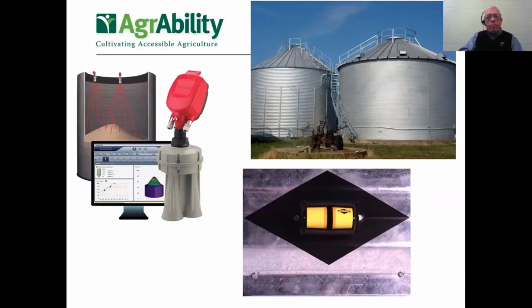But if you do have to climb and are able to climb a stairway, that is the way to go. And you see an example of a stairway up to the side of a grain bin, and then stairs to the top of the bin.